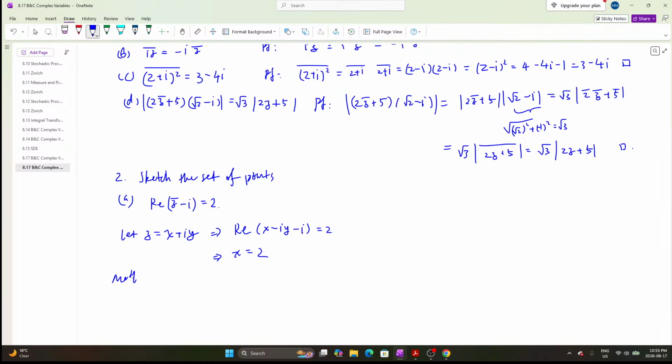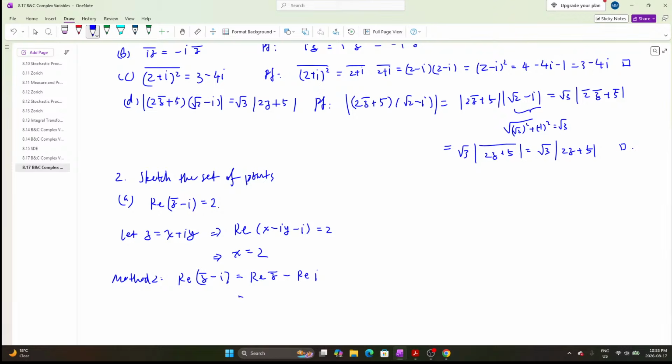The method without writing z equals x plus iy explicitly is essentially the same thing. We know that the real part function is linear, in the sense that you can write it as the real part of z bar minus the real part of i.